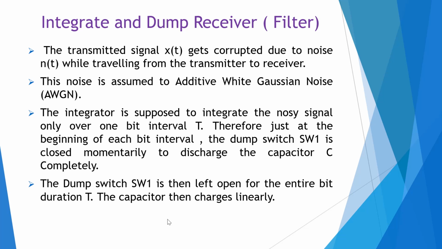This noise is assumed to be additive white Gaussian noise, that is AWGN. The integrator used in this circuit is supposed to integrate the noisy signal only over one bit interval T. Therefore, just at the beginning of each interval, the dump switch SW1 is closed momentarily to discharge the capacitor C completely.